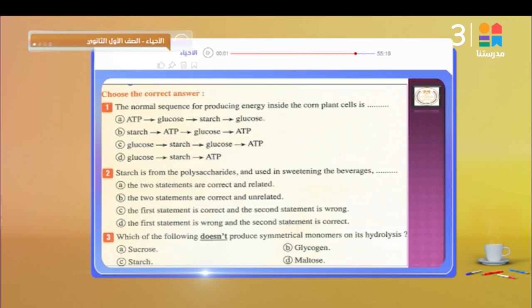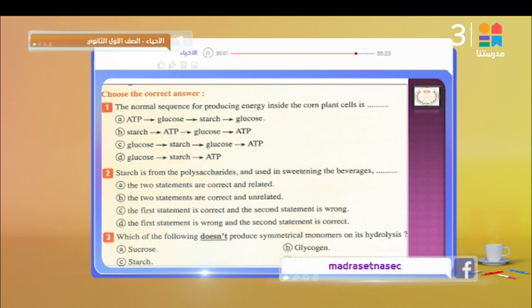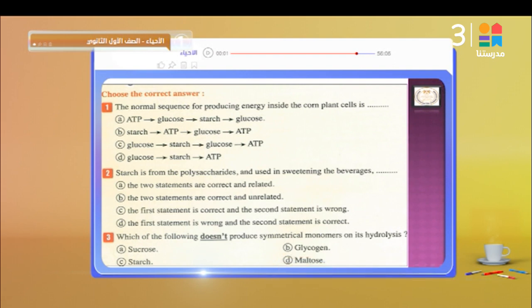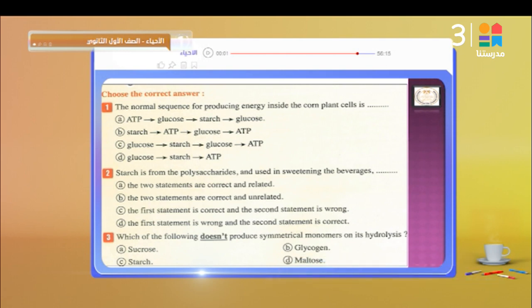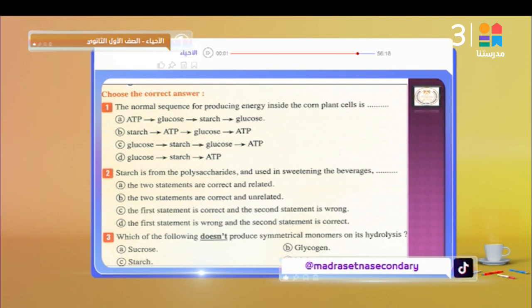Finally, choose the correct answers. The normal sequence of producing energy inside the corn plant, as I said before, is glucose, starch, or glucose, ATP. The best answer is glucose, starch, glucose, ATP.